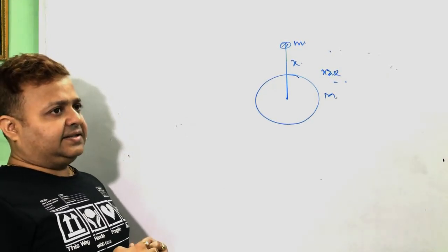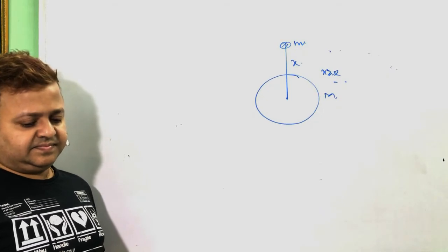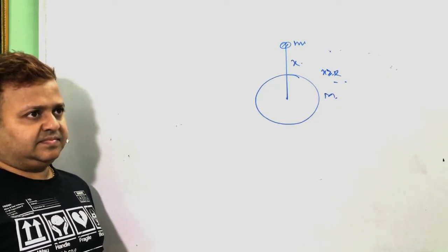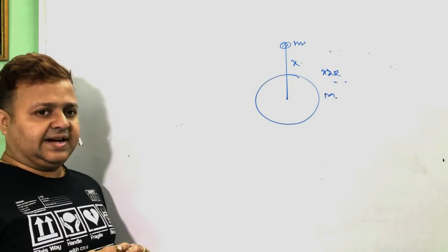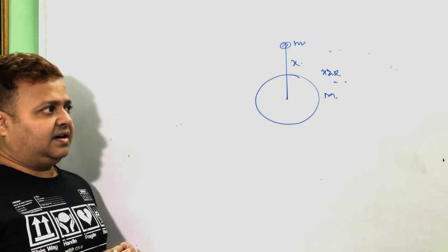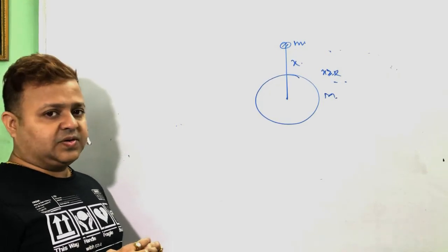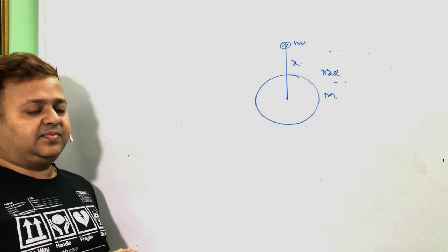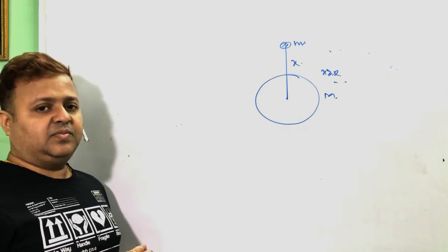If the body attracts the earth, then why does the earth not move towards the body?